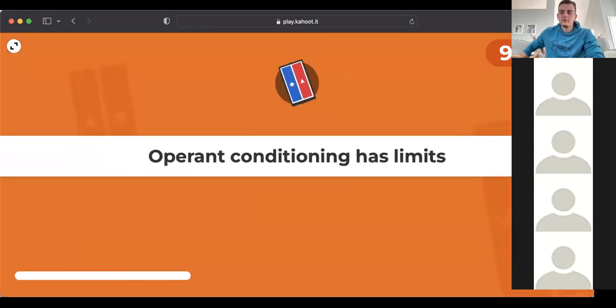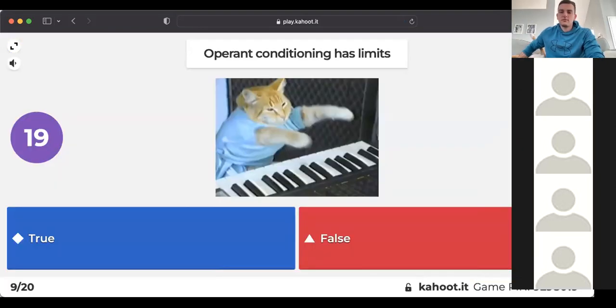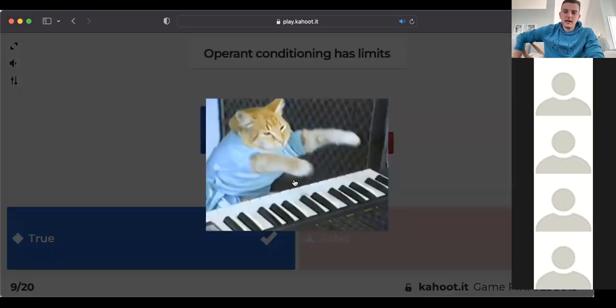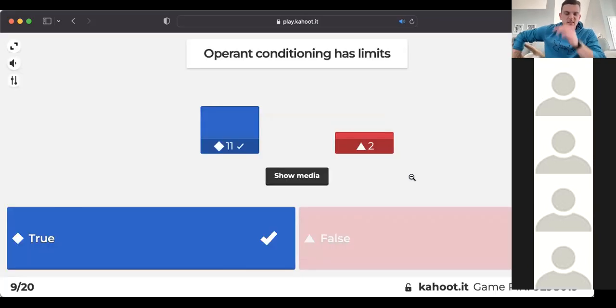True or false? This is true. Okay, so we cannot actually teach a cat to play the piano because of this idea called instinctive drift.